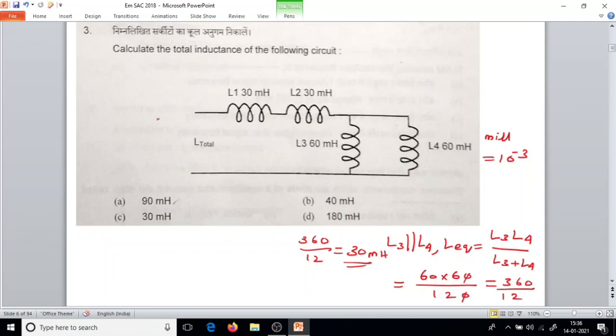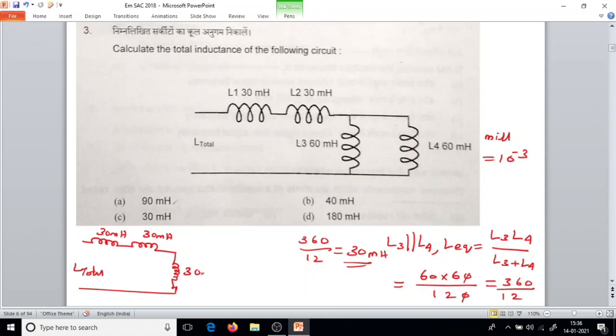Now this inductor circuit becomes like this. First inductor, then one more equivalent inductor. Now we have to see what the total L is. What is the L1 value? 30 millihenry. L2 is also 30 millihenry. The equivalent we got is also 30 millihenry.